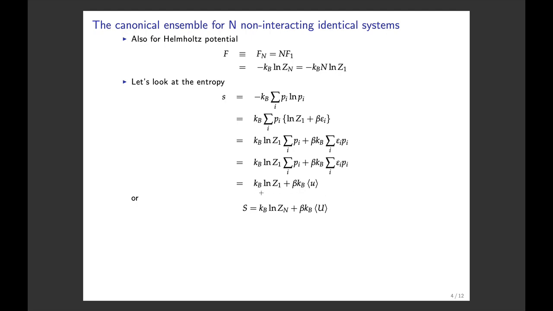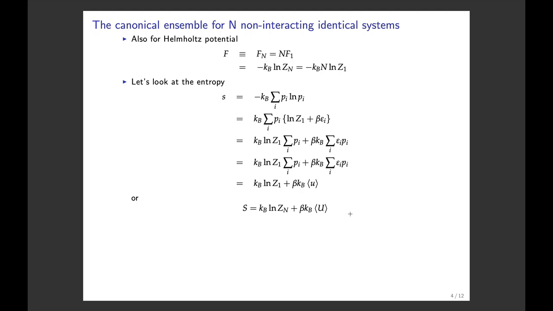Or if we multiplied by n, the entropy of the total system of n copies, large n copies, could be written like this. Capital S equals kB log Z sub n plus beta kB times the expectation of the energy of the system with n copies.